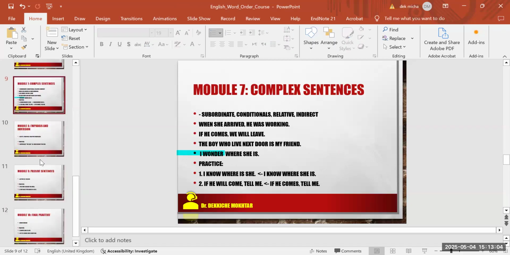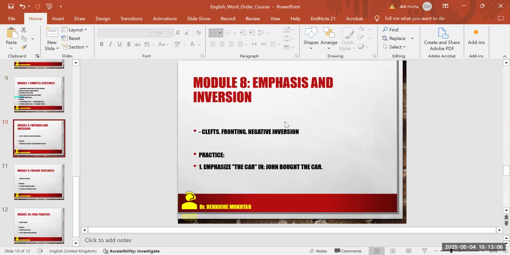It's clear? Let's go to emphasis and inversion. To emphasize certain parts of a sentence, English uses cleft sentences, like "It was John who," or fronting, like "In the kitchen stood a tall man."